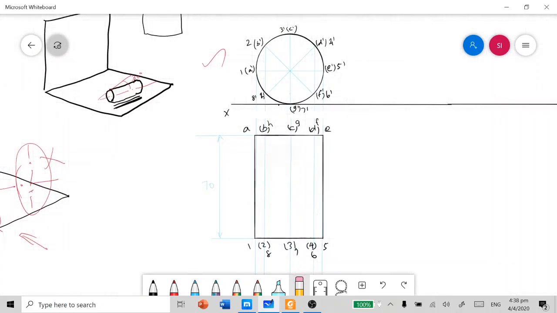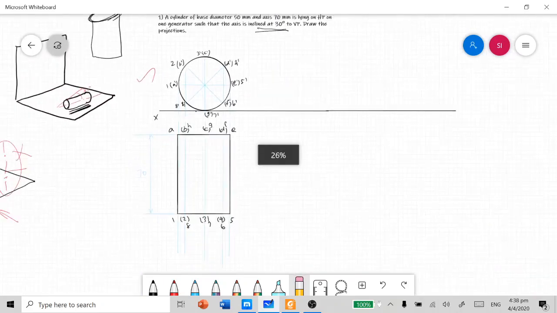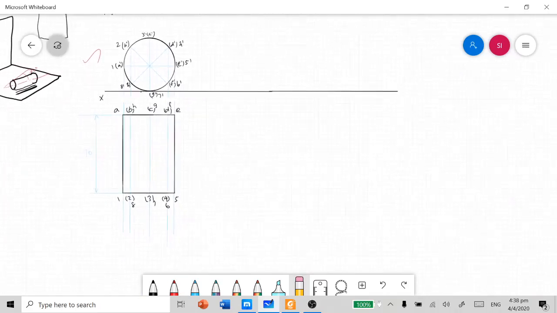For that, first I need to draw a pilot line at an inclination of 30 degrees to VP in the top view area.